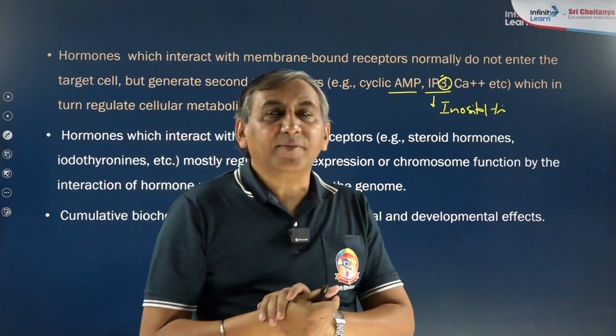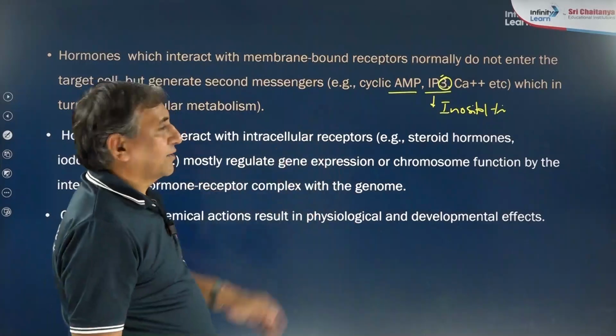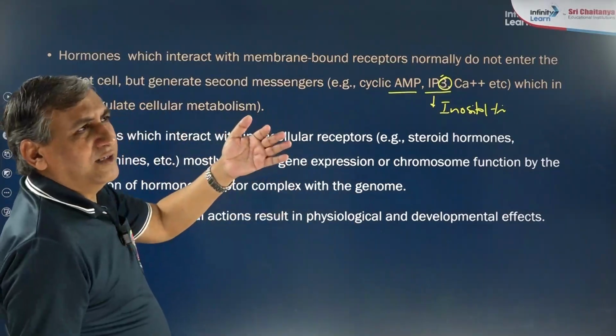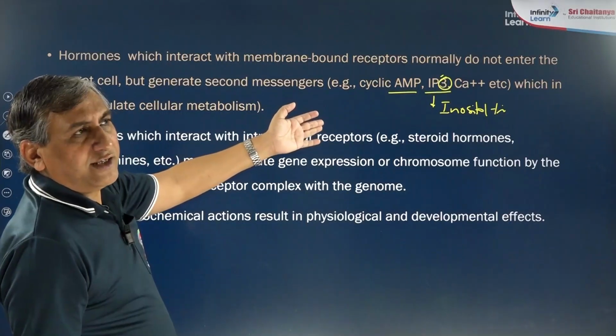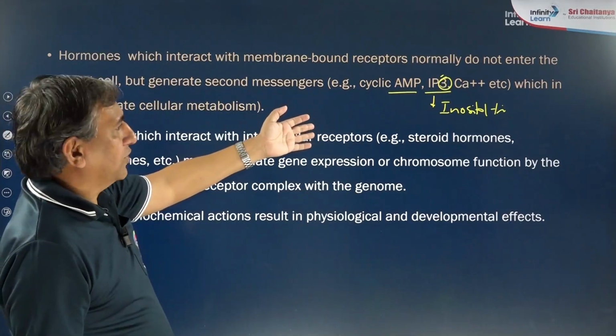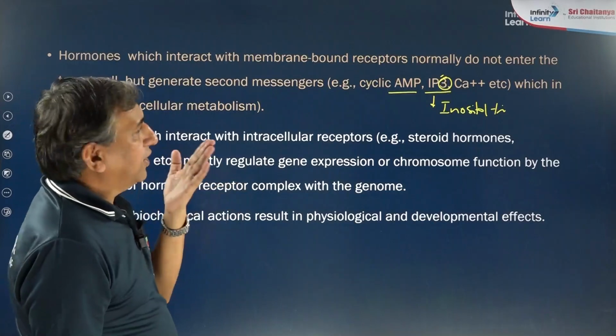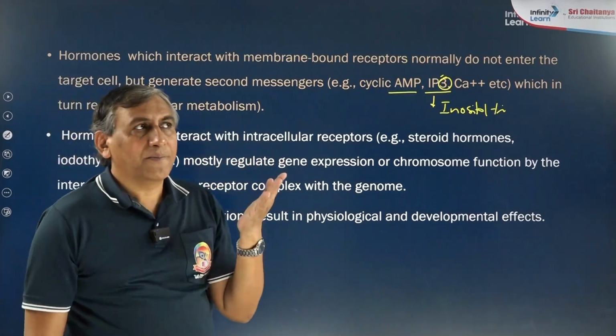And what are the second messengers? Three. You have to remember: cyclic AMP, IP3, and calcium ion. There are so many, but in NCERT 3 are given, so I am focusing on 3. Cyclic AMP is adenosine monophosphate, IP3 is inositol triphosphate, and calcium ion.